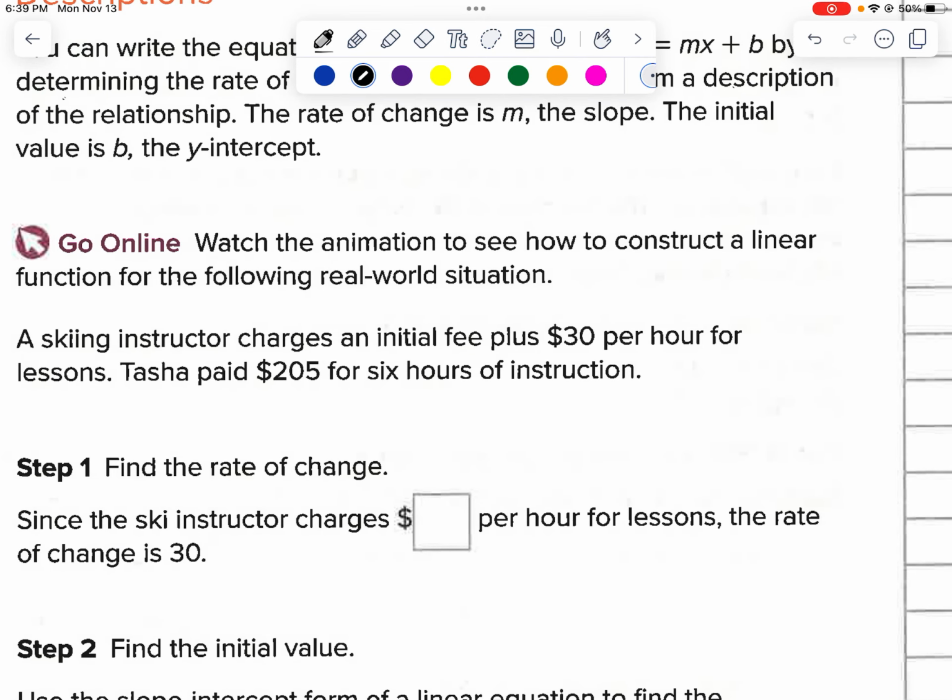An instructor charges an initial fee plus $30 per hour for lessons, and we like that word per.